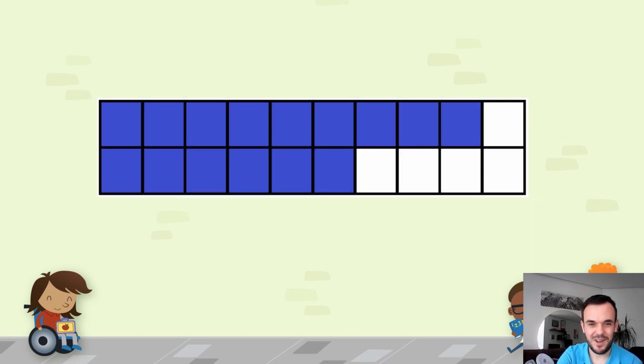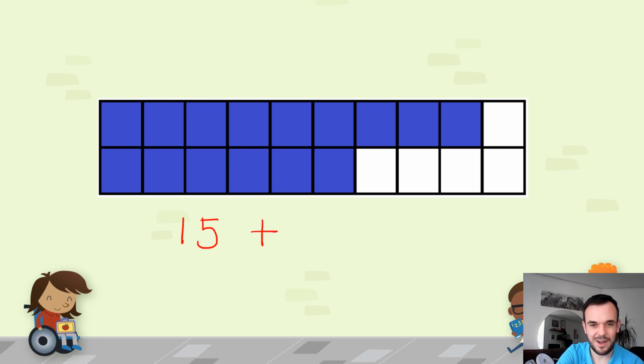Okay, this time we've got another example. We've got 20 boxes altogether. Some are blue and some are white. How many are blue? Let's count them. 1, 2, 3, 4, 5, 6, 7, 8, 9, 10, 11, 12, 13, 14, 15. 15 blue. So let's write 15. And we're going to add how many white boxes there are.